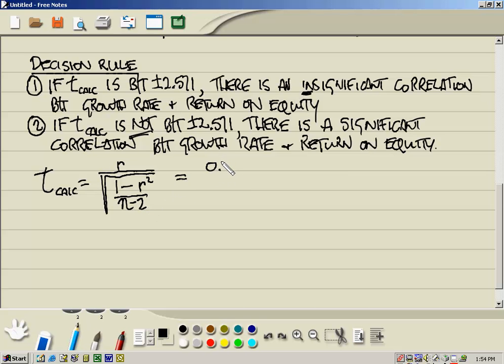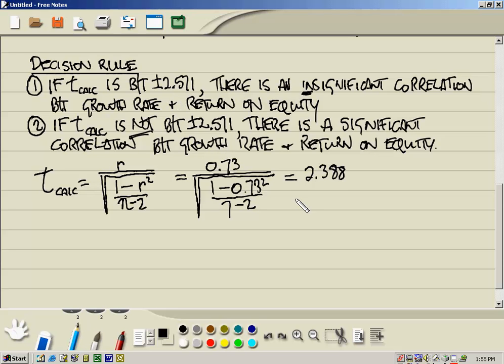Alright, so in our case, little r was 0.73. Divide that by the square root of 1 minus 0.73 squared divided by the 7 minus 2 degrees of freedom, and put that in your calculator, and the result is 2.388.